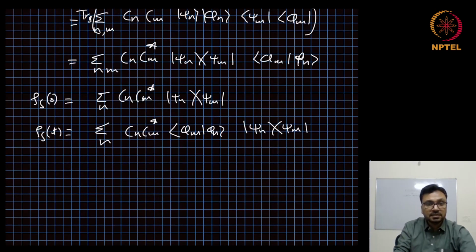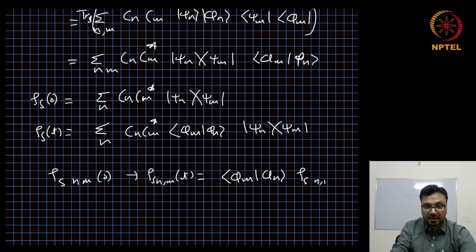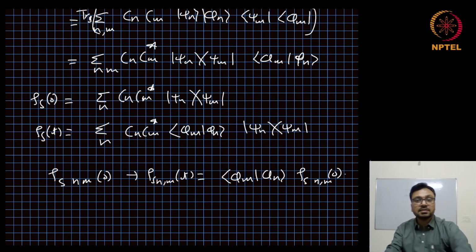It means the element ρ_nm of ρ_s at 0 has gone to the element at time t, which is ⟨φ_m|φ_n⟩ times ρ_s,nm at 0. This is how each element of the density matrix of the system has changed over time.